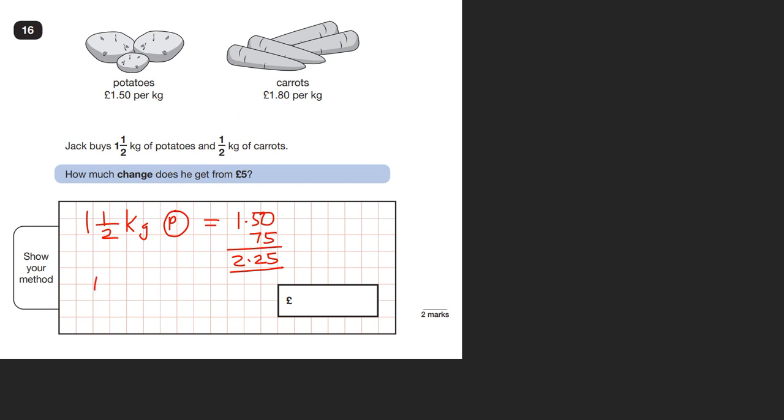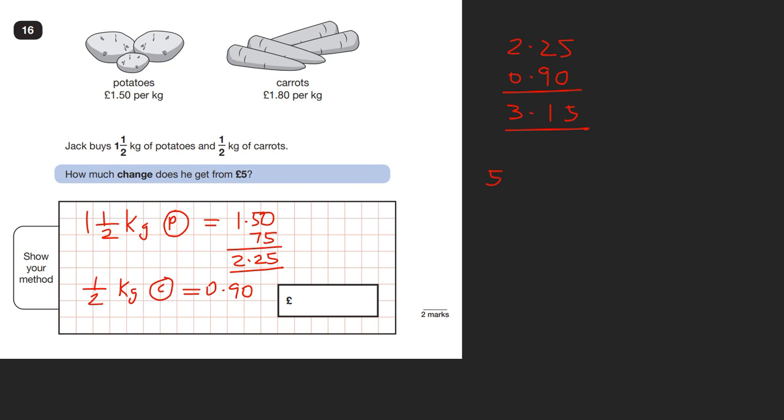Then half a kilogram of carrots, at 1.80 per kilogram, is going to be 0.90. So you add both together: 2.25 is the potatoes price, 0.90 is the carrots price. You add them together, 5, 9 plus 2 is 11, and 3, 3.15 is the total price.